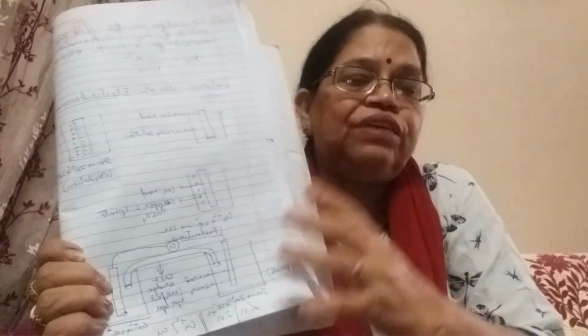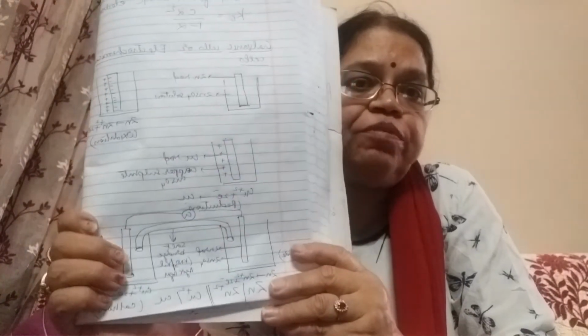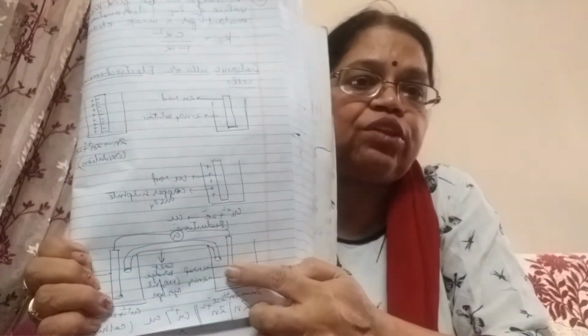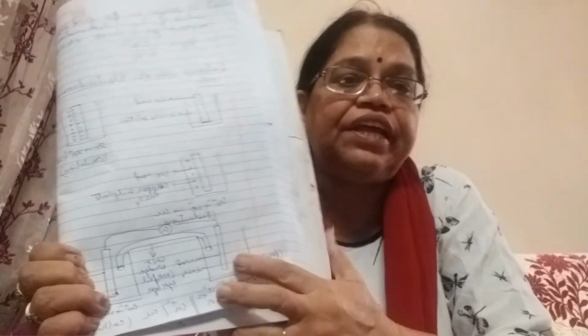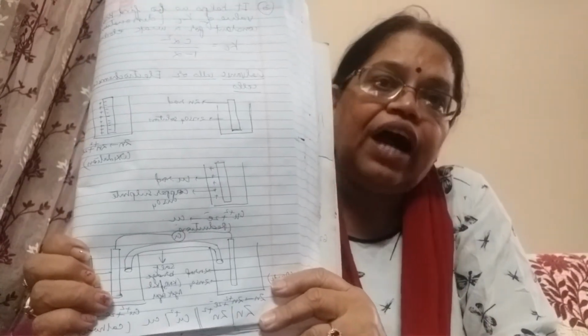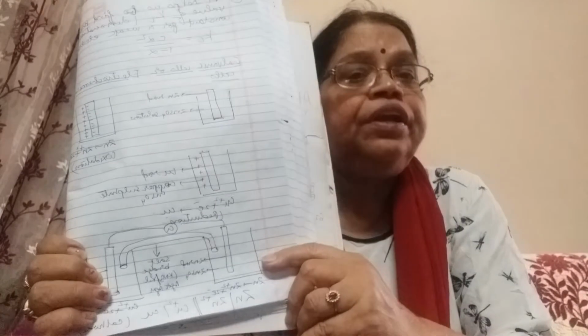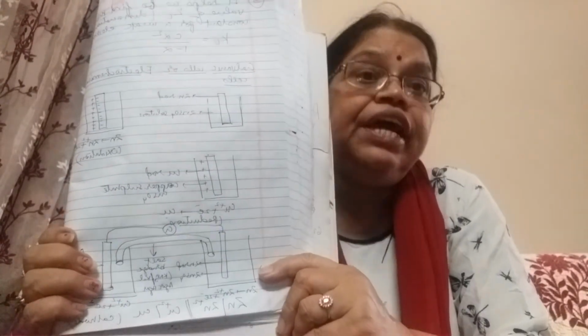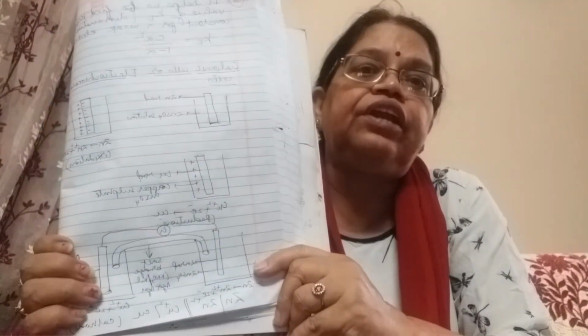What is the function of the salt bridge? Number one, this salt bridge maintains a direct contact between the anodic half cell and the cathodic half cell. If we remove the salt bridge, there is no direct contact between the anodic half cell and the cathodic half cell, that is zinc rod dipped in zinc sulfate and copper rod dipped in copper sulfate. Number two, which is most important, it helps us to maintain the electrical neutrality. How?